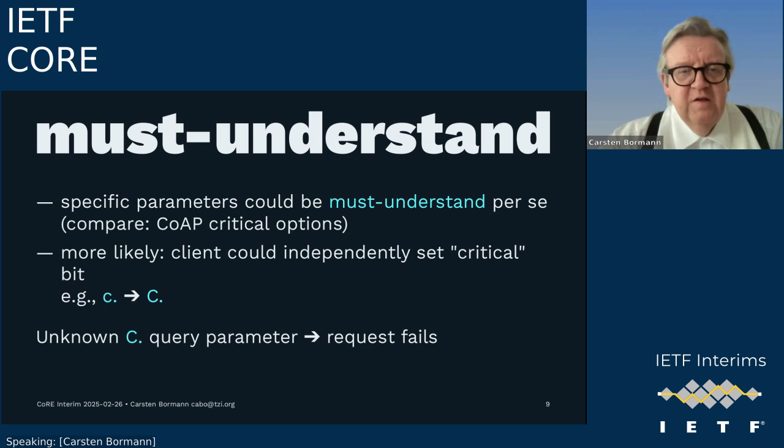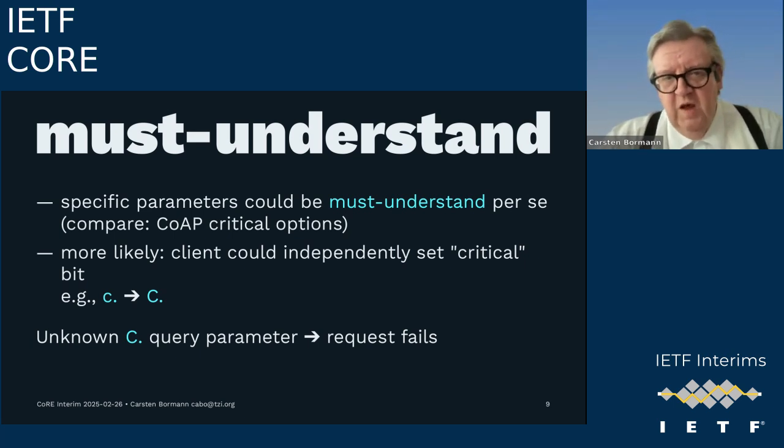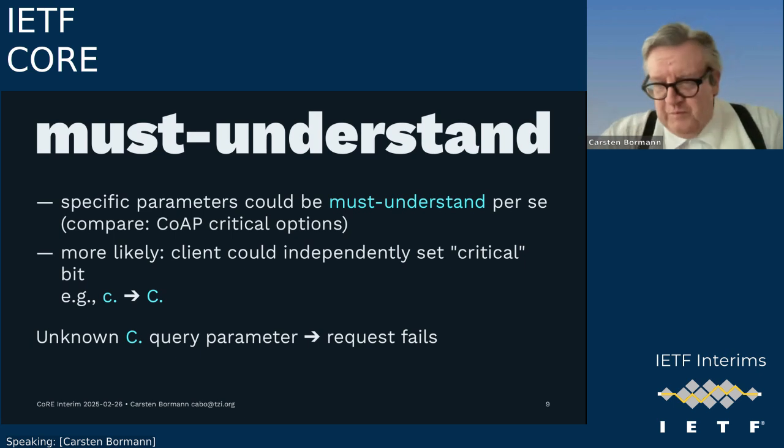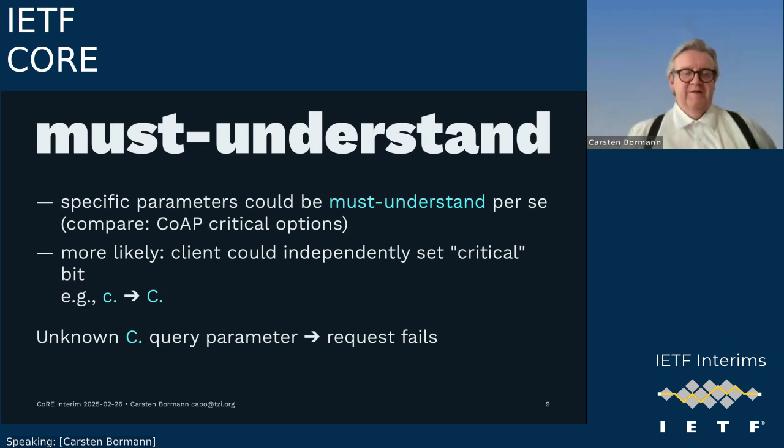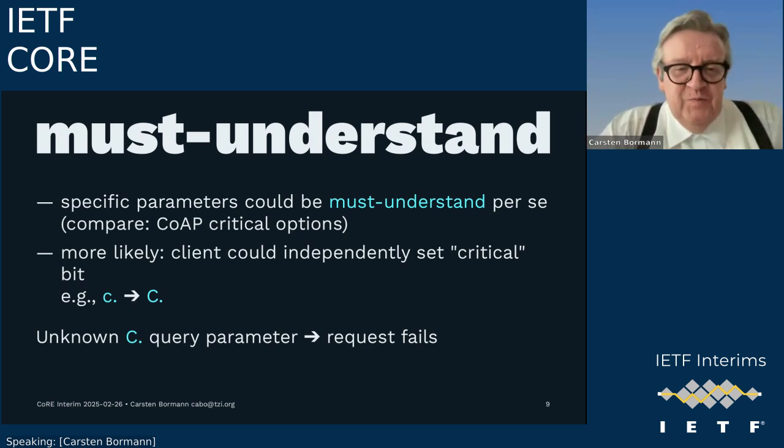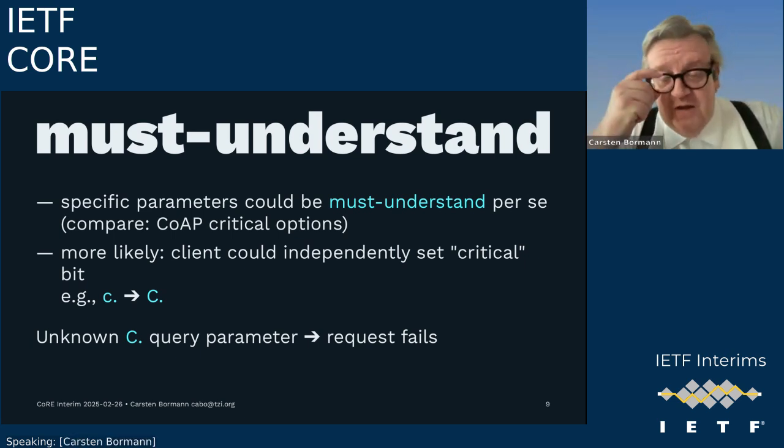Instead, the client could independently set a bit that indicates a particular conditional query parameter is critical. And I have suggested a convention for that. We don't have to do it this way, but just to indicate that this is easy to do.